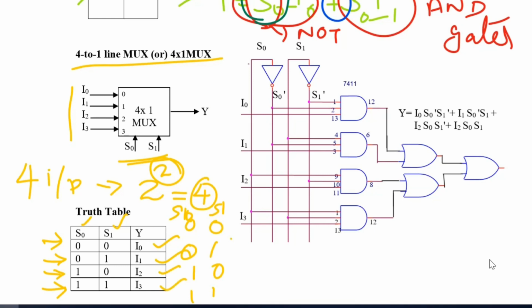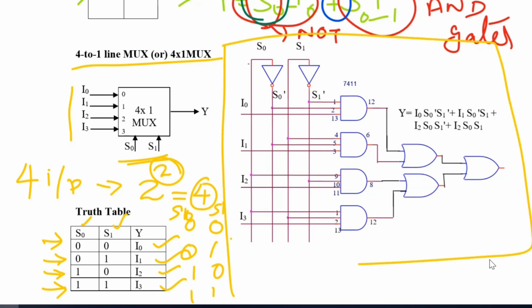Now we need to implement the same thing in a logic diagram. How to express the logic diagram? We need both S0 and S1 in the form of 0 also, and in the form of 1 also. So we are putting one line here, and here one line.